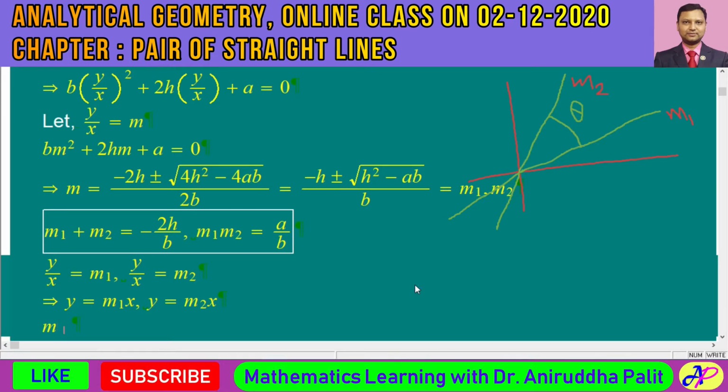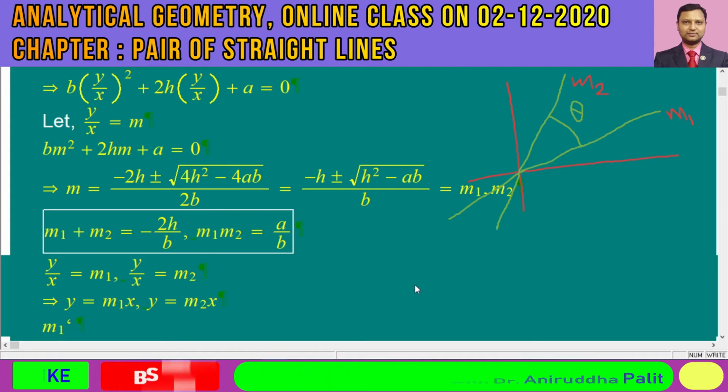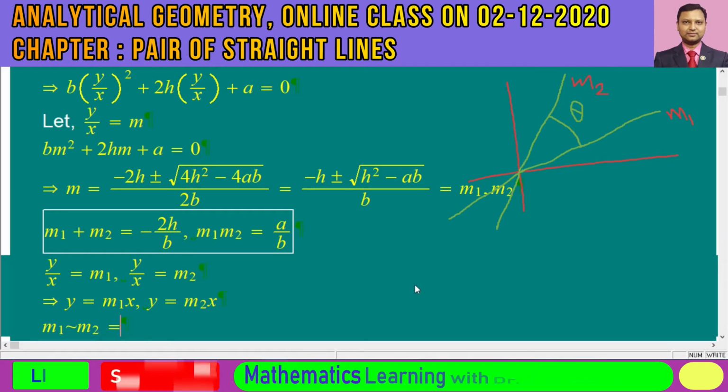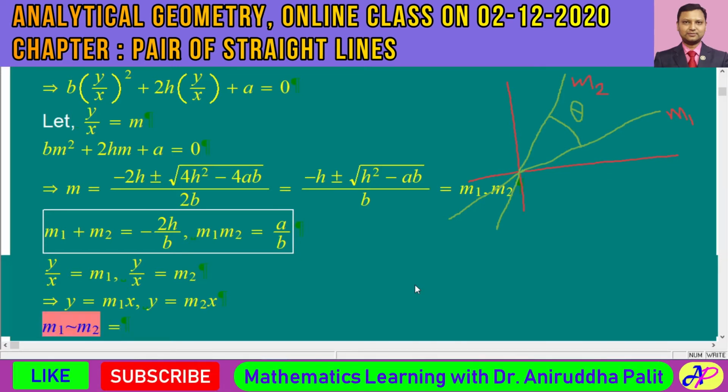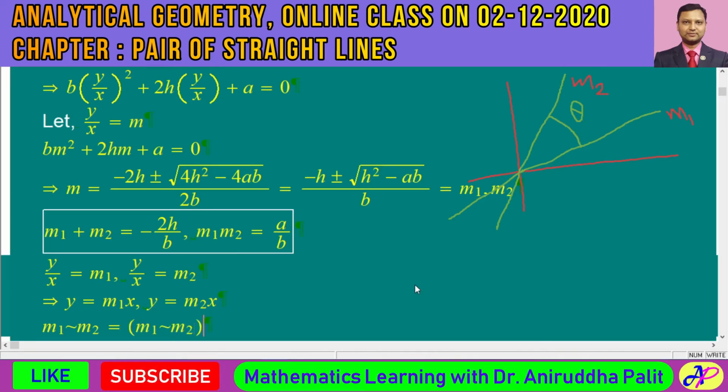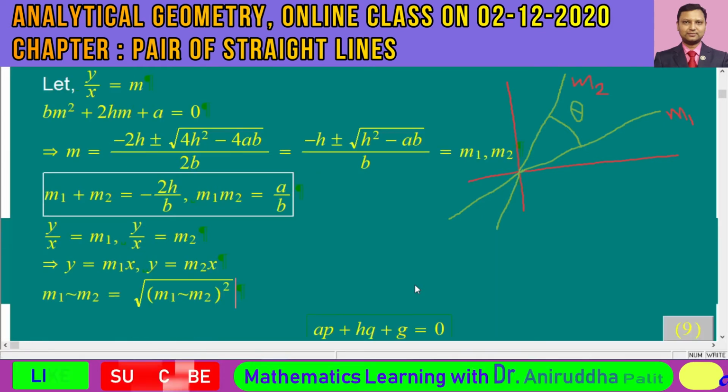Suppose m1 difference m2. This can be written as m1 minus m2, or m2 minus m1, whole square, and then its positive square root.